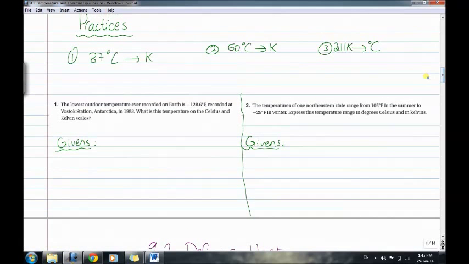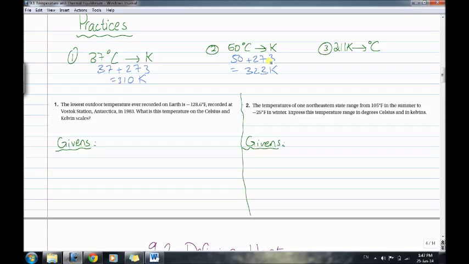Now we reach the practices. Let's try some practices. Here, 37 degrees Celsius to Kelvin, we add 273. So 37 plus 273 is going to be 310 Kelvin. Then we have this one. We add the same thing here, so we add 50 plus 273, which equals 323 Kelvin.